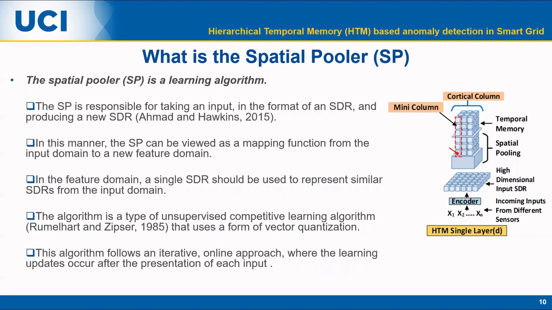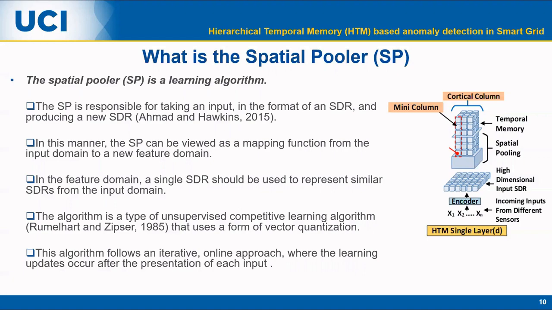In doing so, the spatial pooler extracts different features from the input SDR and converts those features into a new feature domain by using a novel learning algorithm known as the spatial pooling algorithm.